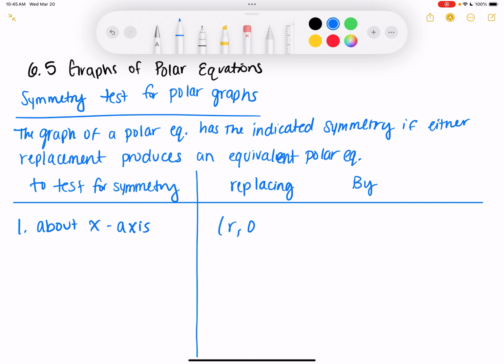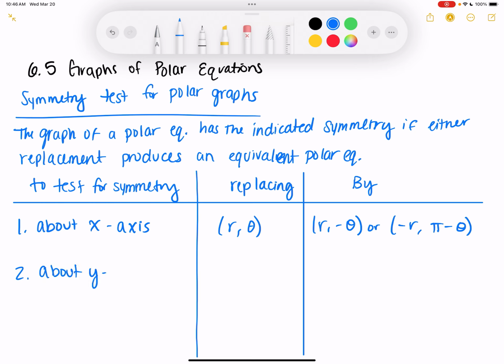So replace (r, theta) by (r, negative theta) or (negative r, pi minus theta). Two, about the y-axis, (r, theta).